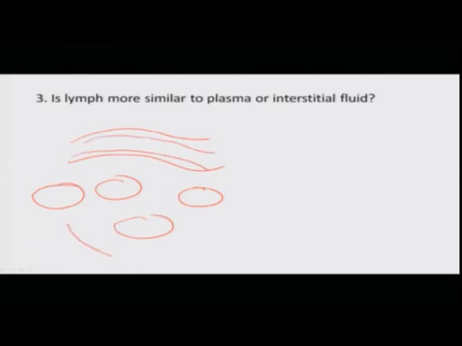So, it is a drainage system for the interstitial fluid. Whatever is present in the interstitial fluid around the tissues is the same as what is present inside the lymphatic ducts, and which is the lymph. So, the lymph would be very similar in composition to the interstitial fluid.